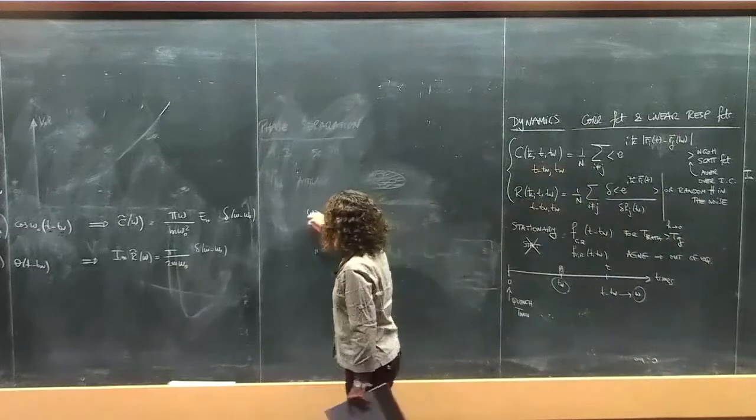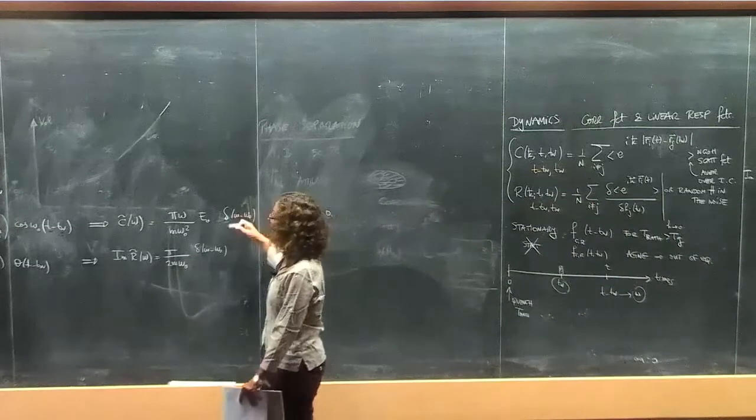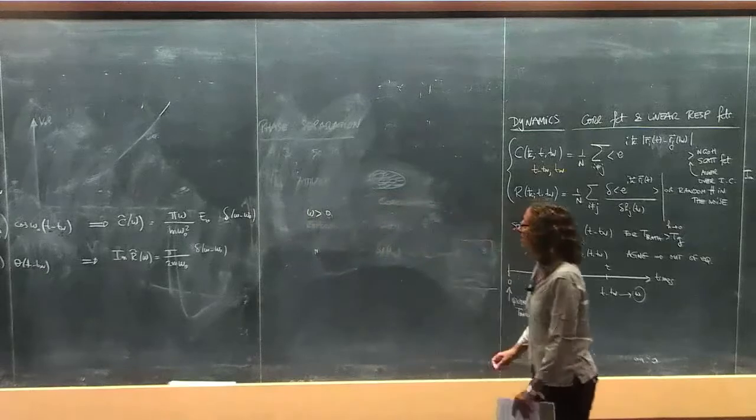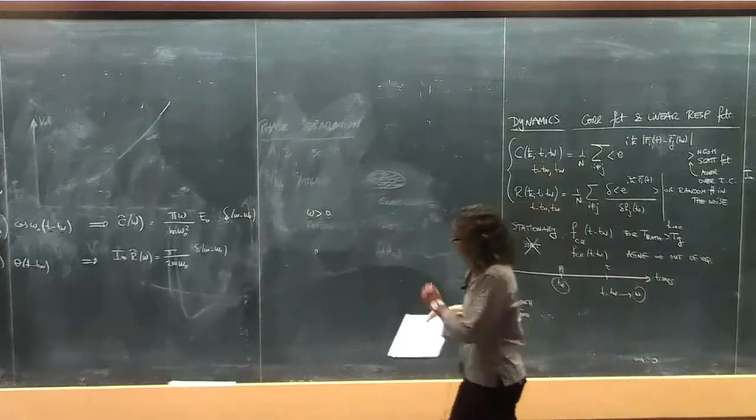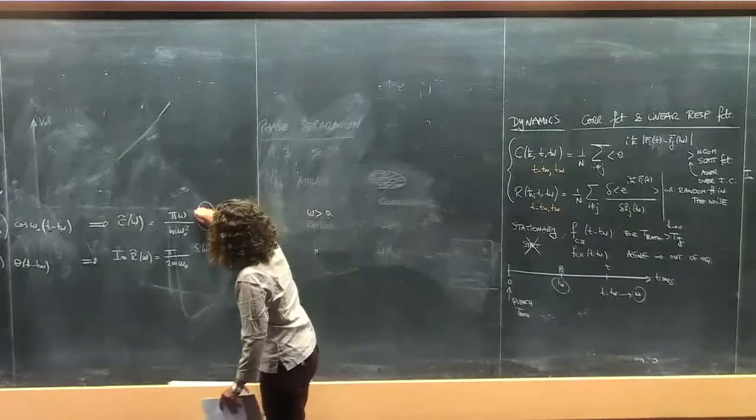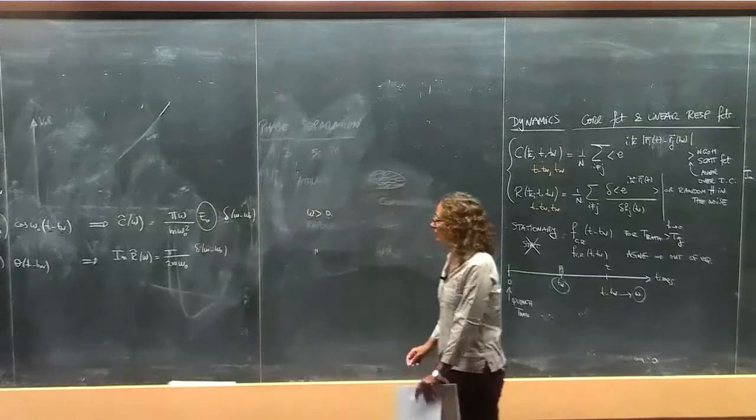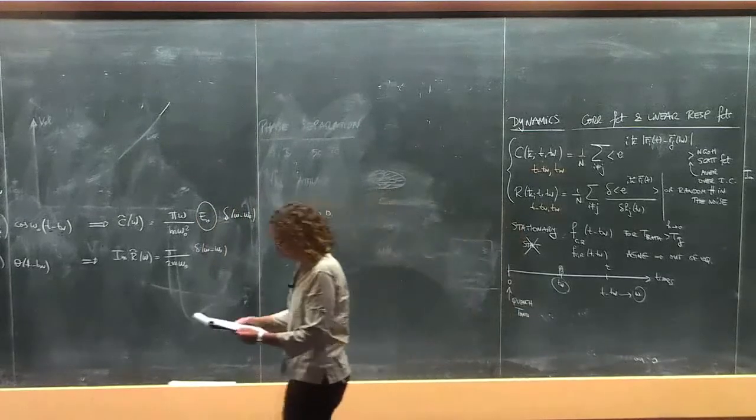I'm just giving the values for omega larger than 0. There's another contribution from omega smaller than 0, but I'm not writing it. And this is the initial energy. That is the constant of motion, and then the other ones are the parameters.